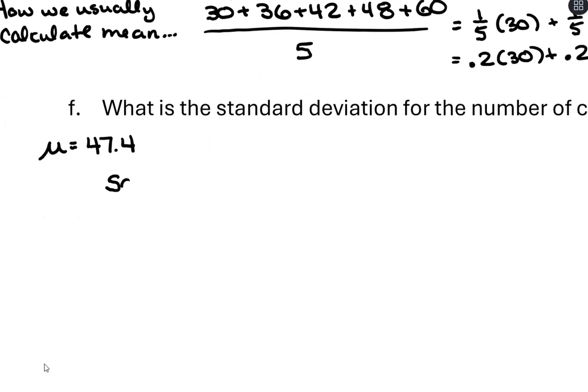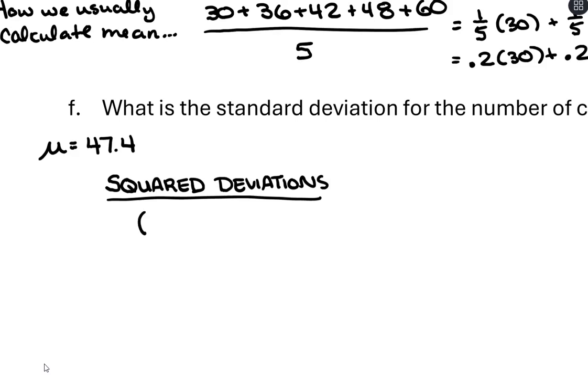So what I'm going to do is make myself a little table. I'm going to go ahead and organize those squared deviations. What that would look like is a squared deviation: we take my x value. So from the table, the first value for x is 30, and we're going to take away the mean and square it.